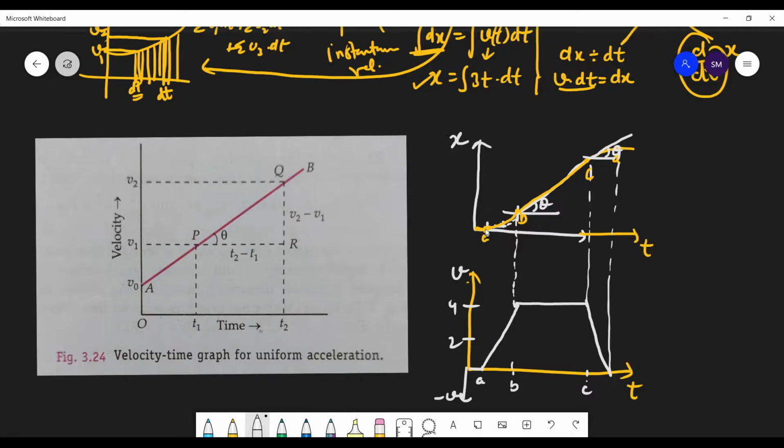For the position, the slope of the x-t graph will be the velocity that you have used here. But suppose if this is a velocity time graph, then its slope will be acceleration. Is this clear? Yes, sir.